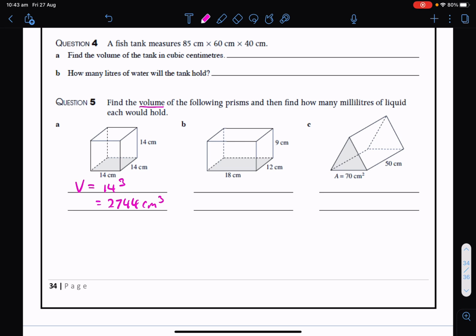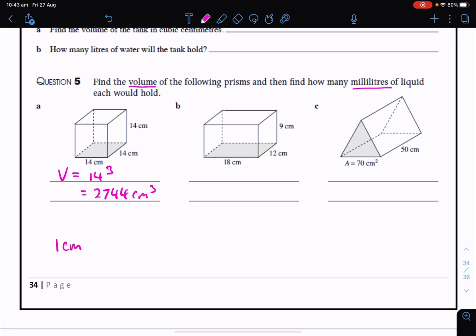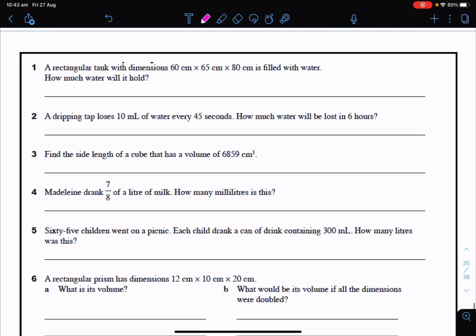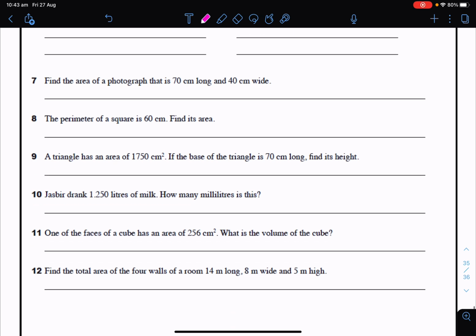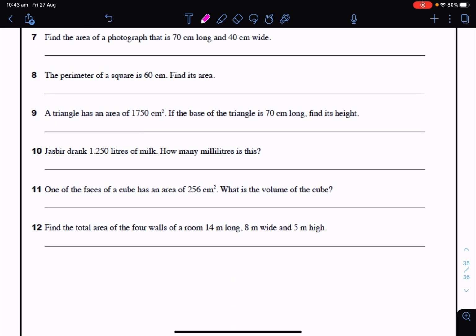Then it says, then find how many millilitres of liquid would each hold. So remember, if we're looking at centimetres cubed, 1 centimetre cubed equals 1 millilitre. So this would be 2,744 millilitres. Okay. And then you've got a few worded questions here. You guys can work through those and I'll put up some answers later.